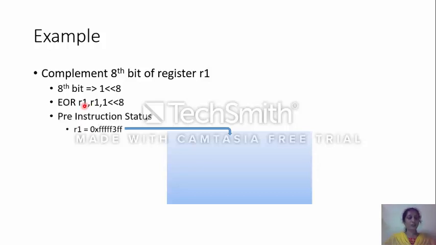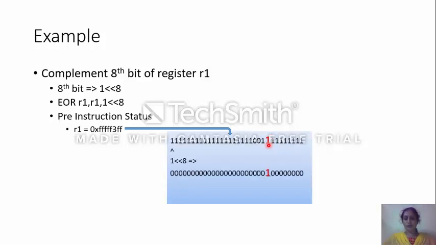So the pre-instruction status is I have taken the number as FFFF F3FF, and here the 8th bit is highlighted from R1. It is XORed with 1 left shifted by 8. This is the actual 32-bit number formed by this combination, and this one will be XORed with this one. So at the output, all remaining bits are the same, only this bit is modified.